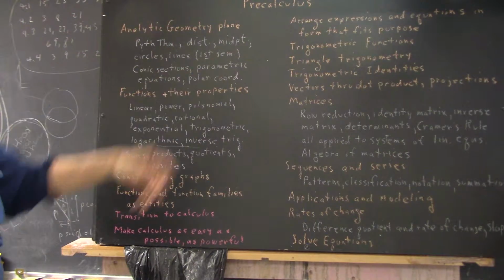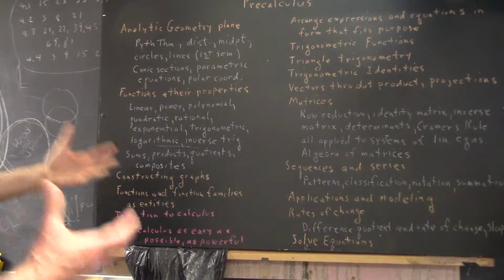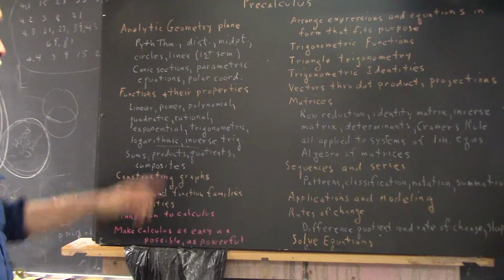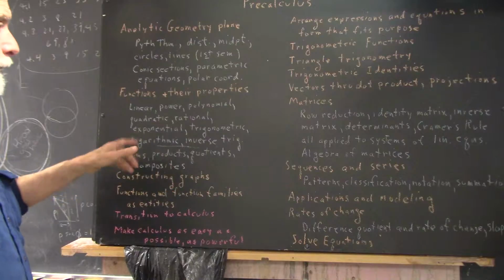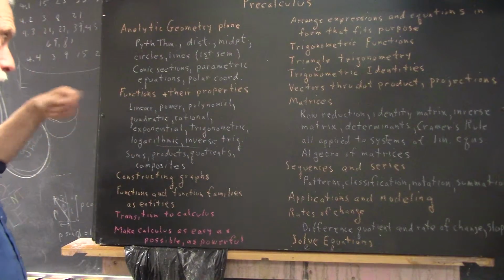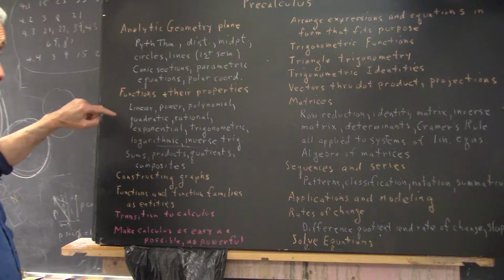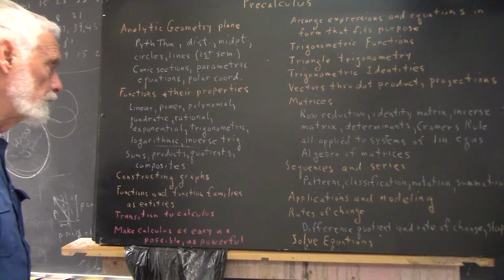Okay, functions and their properties. Our basic functions: linear functions, power functions, polynomial functions, rational, exponential, trigonometric, logarithmic, inverse functions, quadratic functions, which are really a special case of polynomial functions, but very important and deserve their own classification.